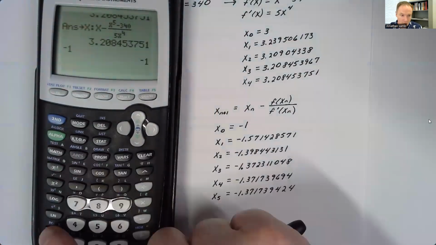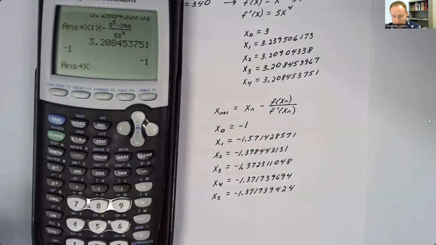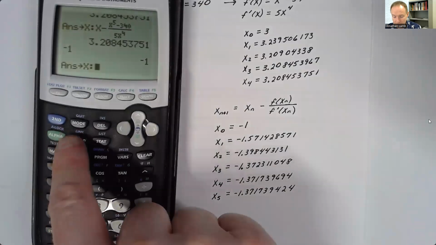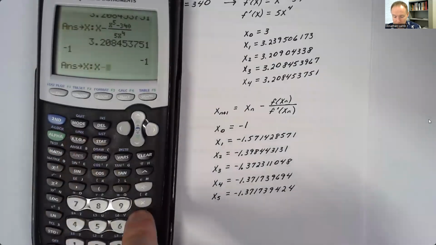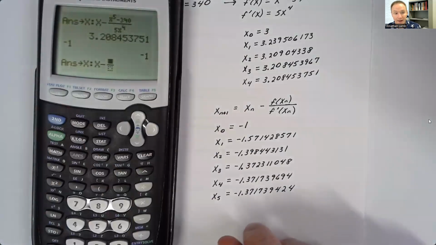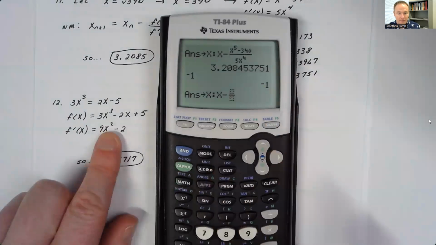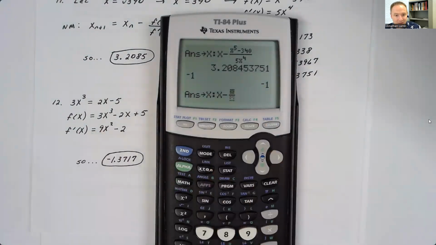You store that -1 in for x, hit colon, alpha, decimal, then type in Newton's method for this problem. Well, Newton's method for this problem is going to be x minus, and again, it's probably easier if you use the fraction button, x minus f of x over f prime of x. It's always x minus the function divided by the derivative evaluated at these values.